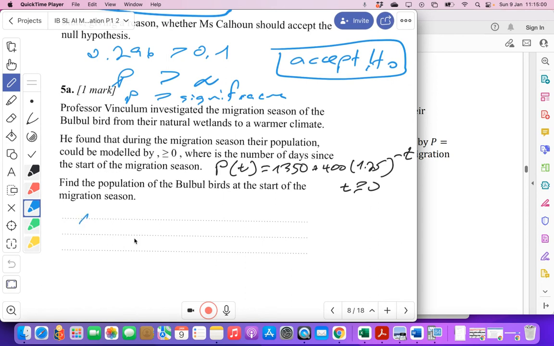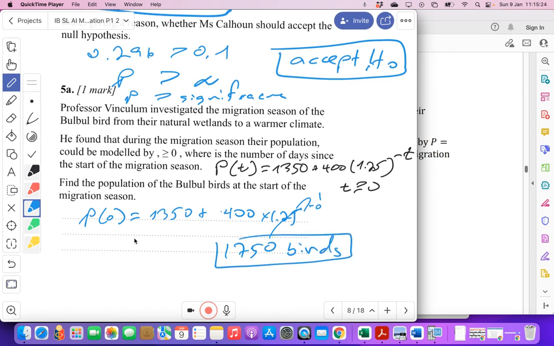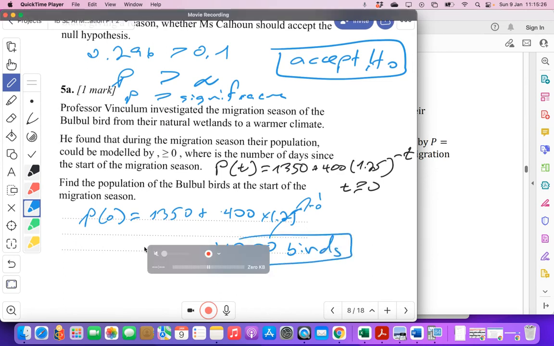P of 0 is going to be equal to 1350 plus 400 to the 0. So again, that's just 1. And I get 1750 bulbul birds at the beginning of the migration season.